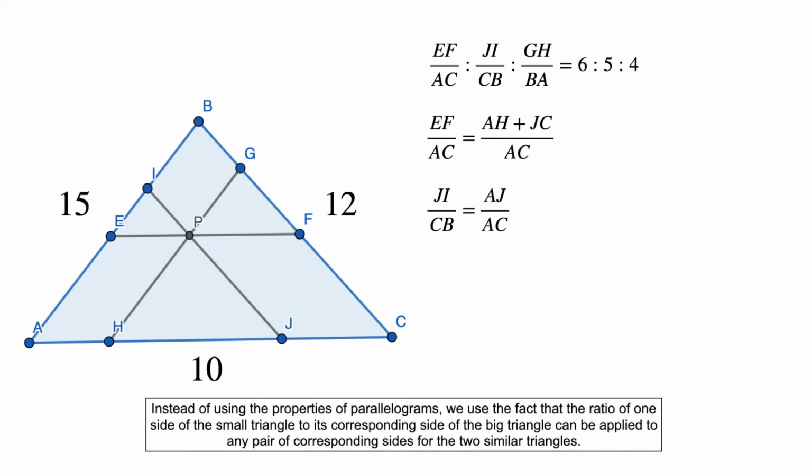Instead of using the properties of parallelograms, we use the fact that the ratio of one side of the small triangle to its corresponding side of the big triangle can be applied to any pair of corresponding sides of the two similar triangles. This means that the ratio of JI over CB is the same as AJ over AC.